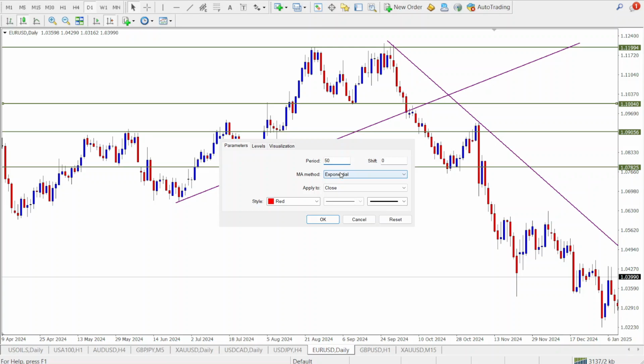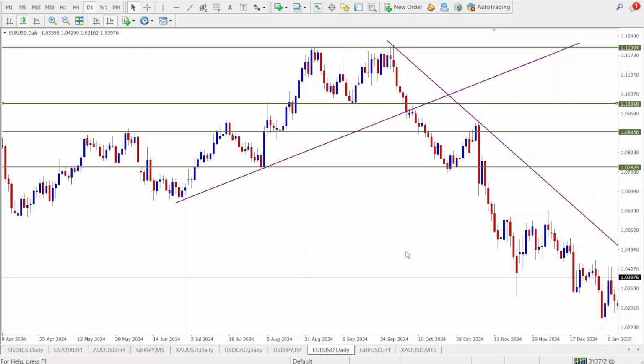So for beginners, I recommend using the 50 period moving average as a trend filter. Just set your indicator to be 50 exponential moving average, right? 50 EMA. Okay, so if price is above the 50 EMA, focus on buying. If price is below, focus on selling. This keeps things simple and prevents you from trading against the trend.